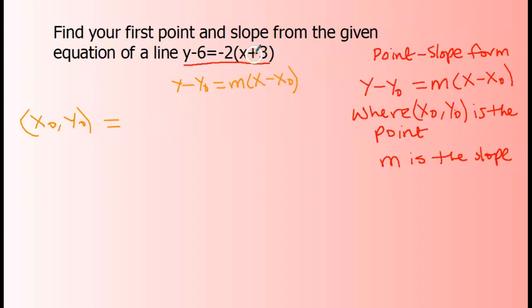So negative makes it positive. The point was negative initially, so it was -3, then comma. And this, since this is negative, means it was positive. That gives us the first point. And then the m, which is the slope, does not change. It's m, and you see that it doesn't change. So the way we see here, it's going to be -2.